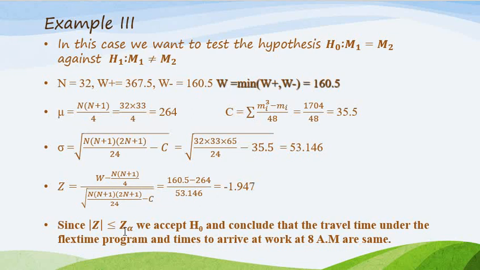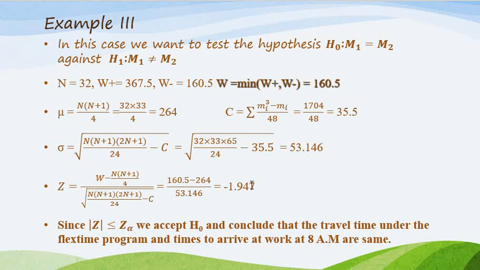Since absolute Z is less than Z alpha, we accept H naught, because the absolute value should be greater than 1.96 only then do we reject the hypothesis. Here I calculated the value as minus 1.94, so the absolute value is 1.94, which is less than 1.96.